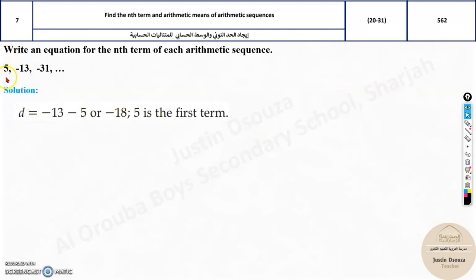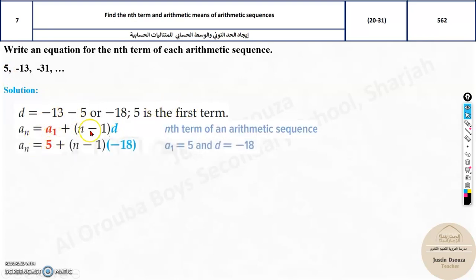What is the first term? 5. Why do we need this? Because we have to put it in the formula. The first term, 5, and the d value, that is negative 18. Now, over here, all you need to do is substitute and simplify. That is 5, and over here you keep on multiplying.